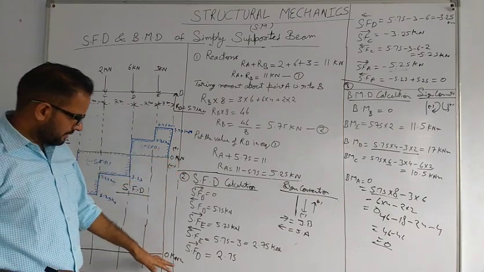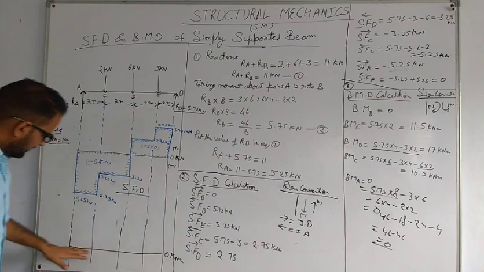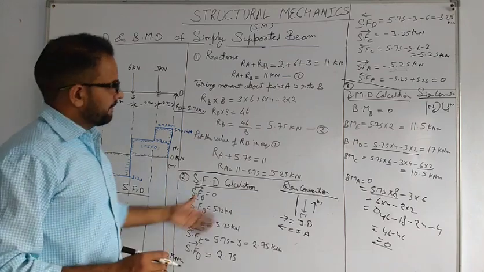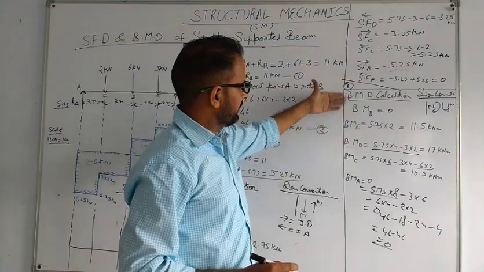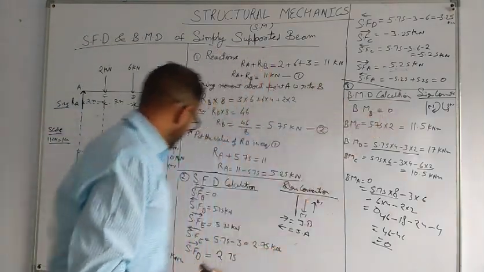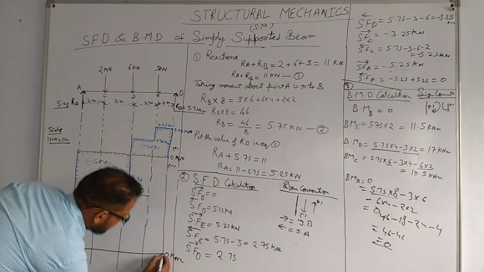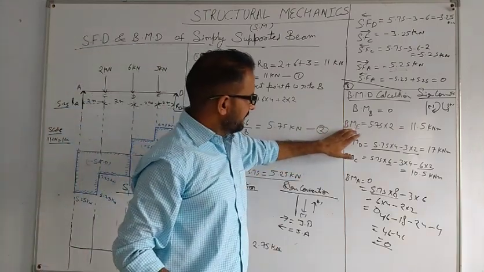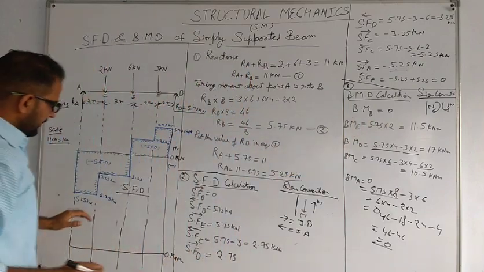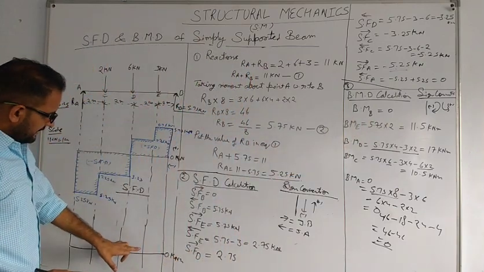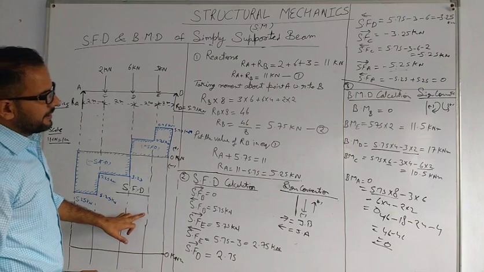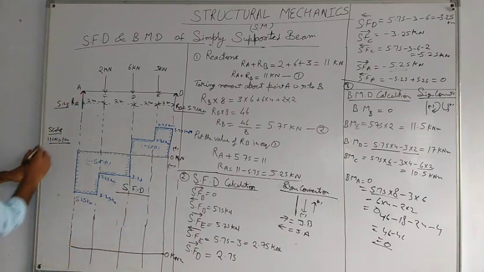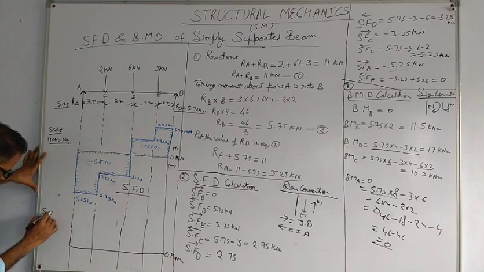Now take the different points of bending moment. Bending moment at point B is 0. Here is 0, which is B. Bending moment at point E is 11.5 kNm. This one is the E point, and here is 11.5.